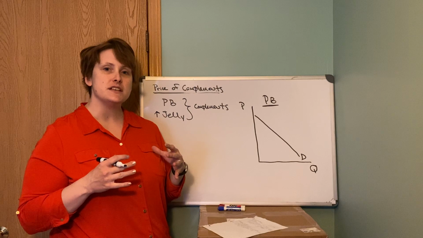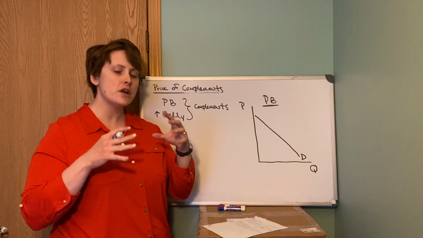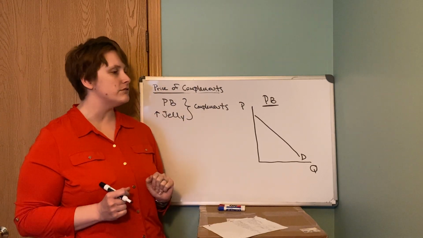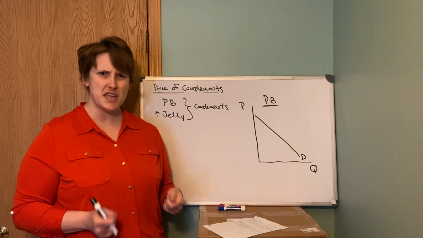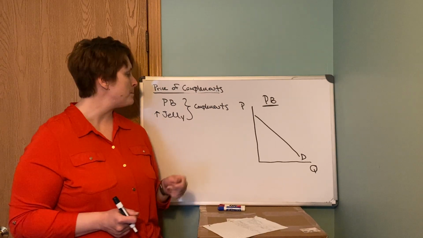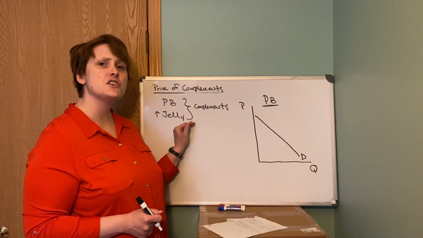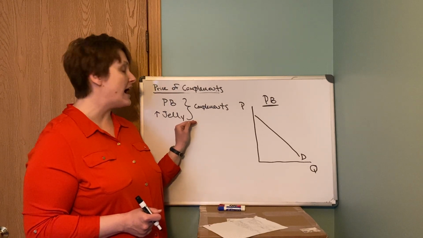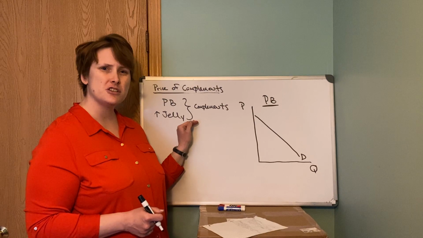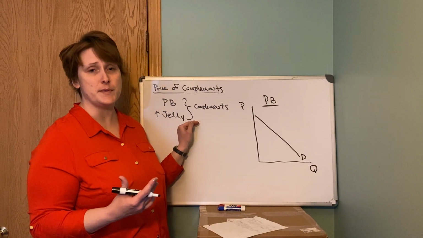When we're looking at this, we want to think about this in terms of we're making a sandwich. We're making a peanut butter and jelly sandwich. If the jelly just got more expensive, and the jelly is a component in my sandwich, our whole sandwich just got more expensive.